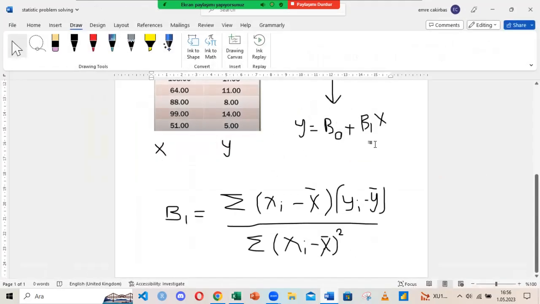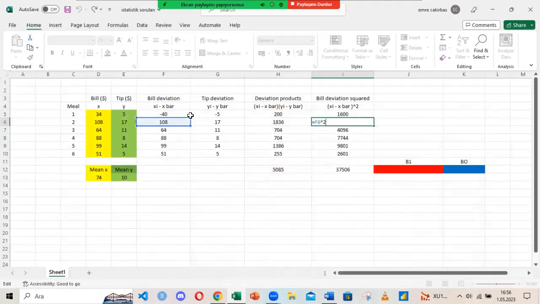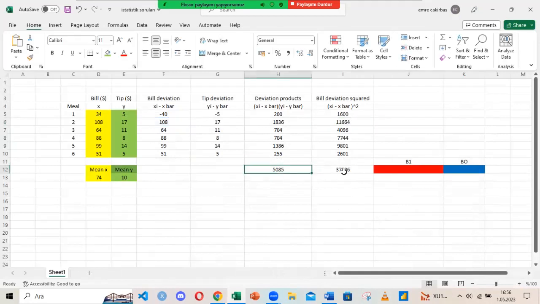I am checking if there is a mistake. No, I think our numerator will be this one and the denominator will be that one.